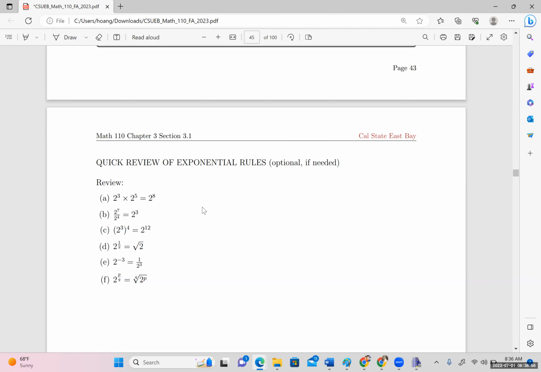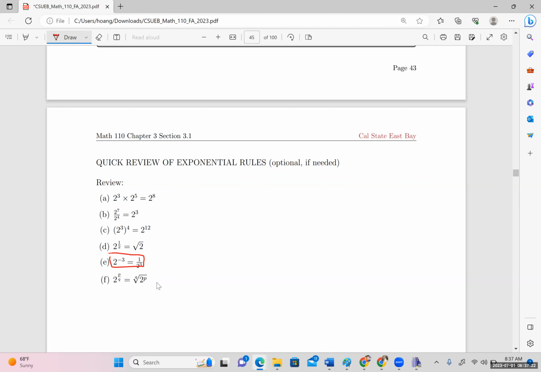For example, 2 raised to the power -3 will always be equal to 1/2 raised to power 3. Conversely, 1 over 2 to the power 3 will be 2 raised to power -3.